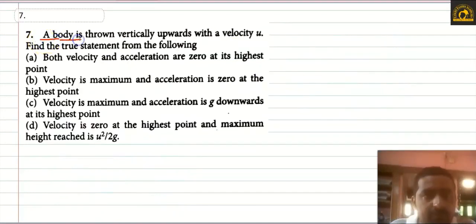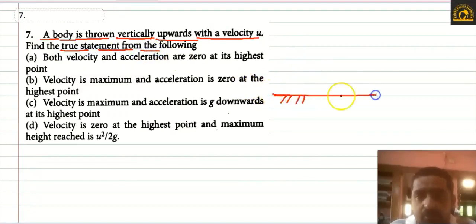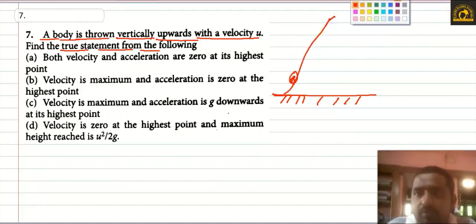A body is thrown vertically upward with a velocity u. Find the true statement from the following. Okay, so this is the ground. This is the body, thrown from a certain height h.